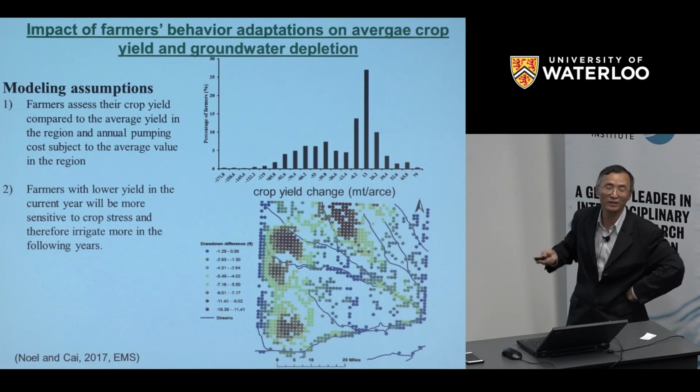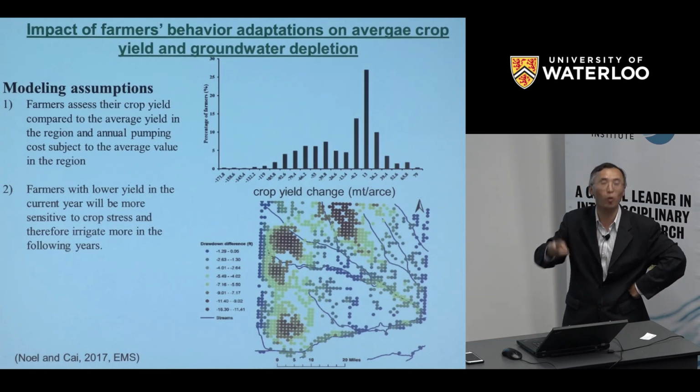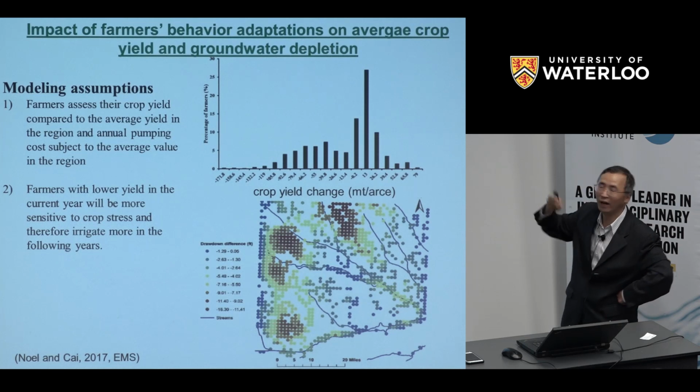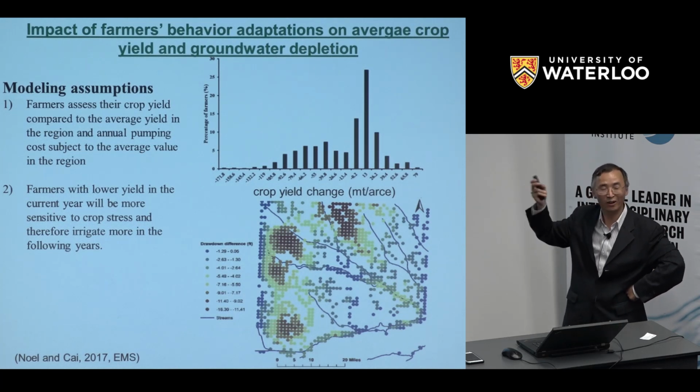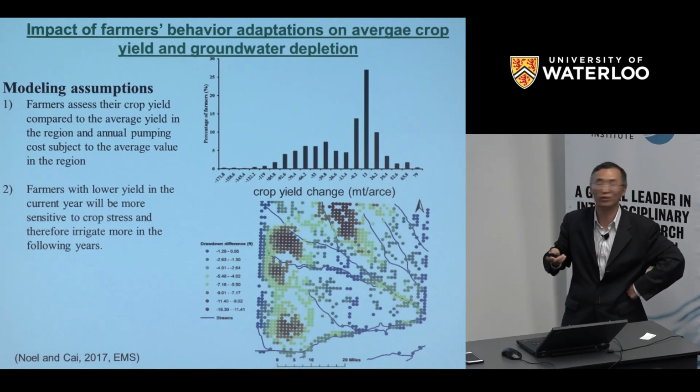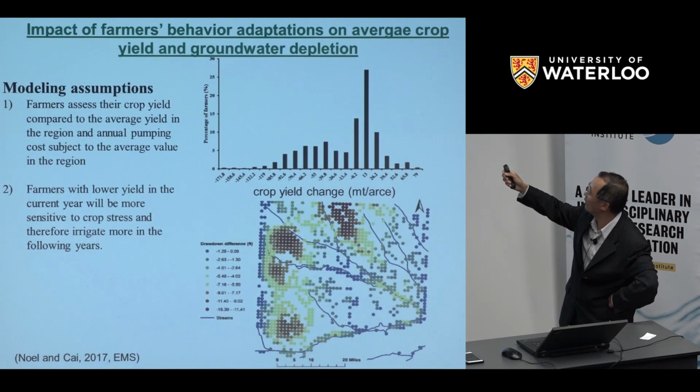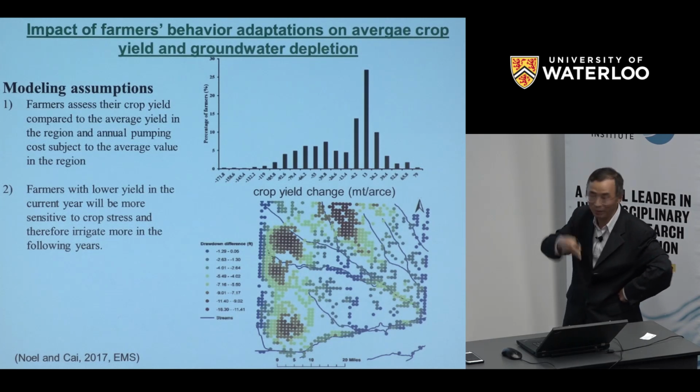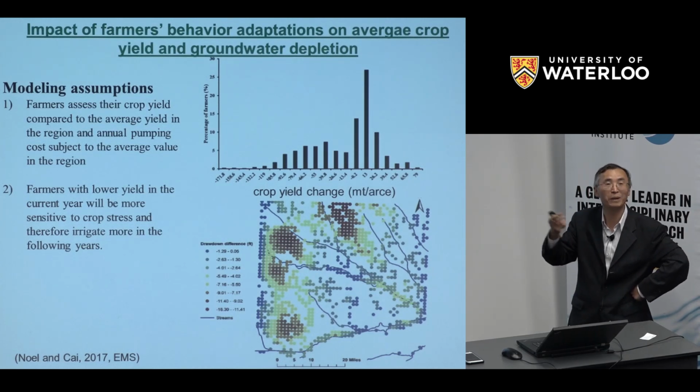First of all, farmers are informed about their crop yield and the comparison of the crop yield to what they got in past years, and they also notice the pumping cost. The other thing is that when the yield in a particular year is particularly low, farmers are considered to change their behavior the next year.